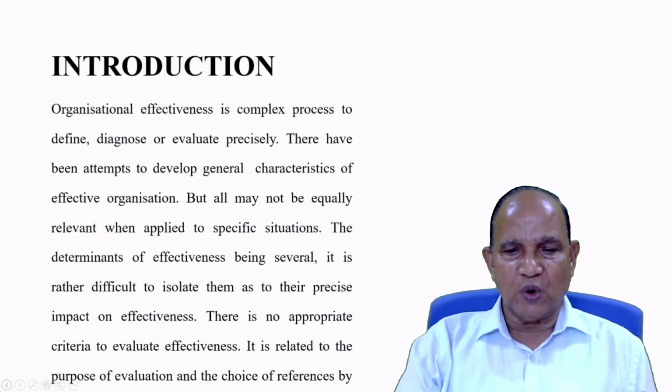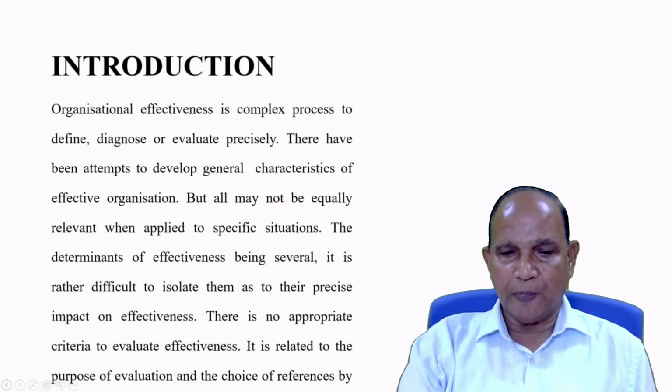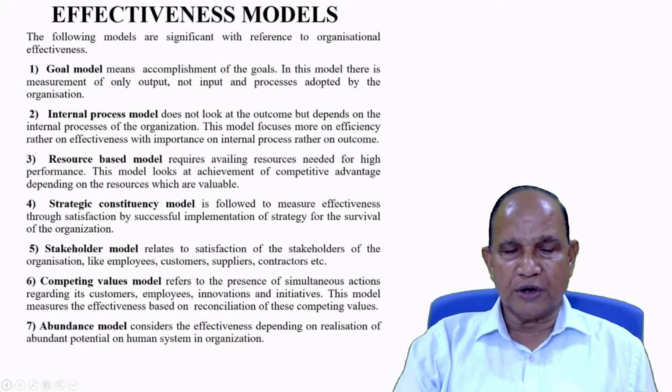Then there is no appropriate criteria to evaluate effectiveness. There are various criteria which are considered by different organizations for different purposes. So we can say there is no specific criteria for evaluation of effectiveness. It is also related to the purpose of evaluation and the choice of preference by the concerned organizations.